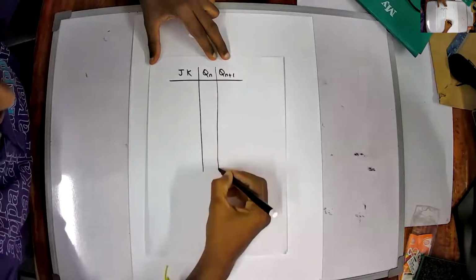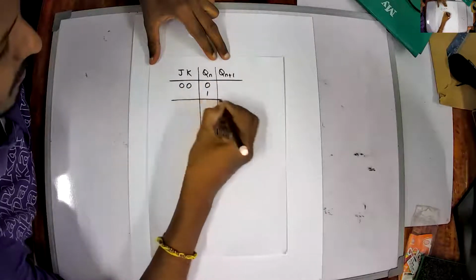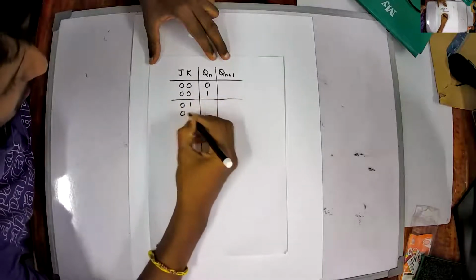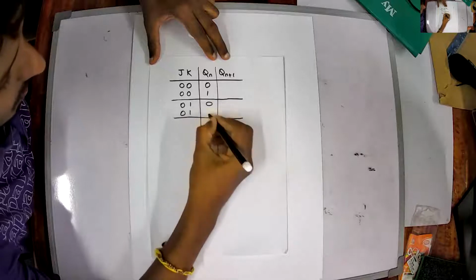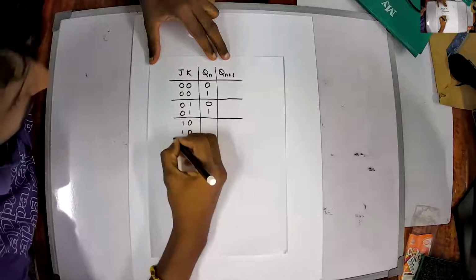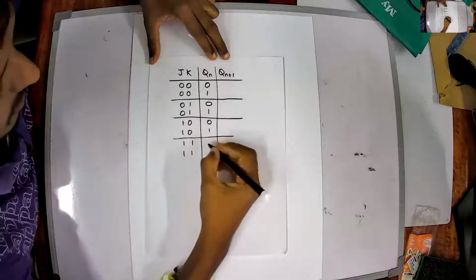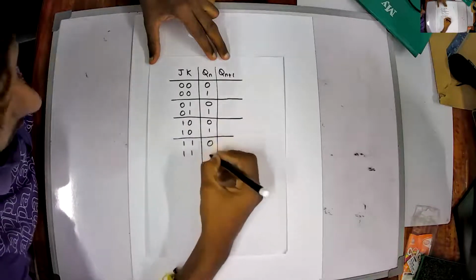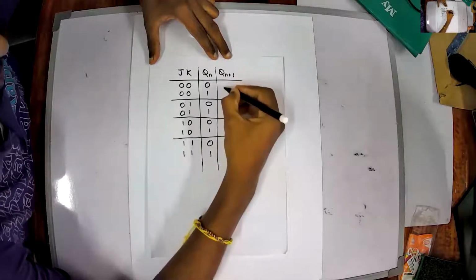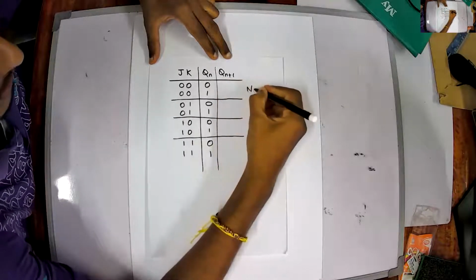So 0, 0, 0 and 0, 0, 1 and 1, then 0, 1, 0 and 0, 1, 1 and 0, then 1, 0, 0 and 1, 0, 1 and 1, then 1, 1, 0 and 1, 1, 1 and 0. As we saw earlier, when J and K are 0, Qn plus 1 will not change, or we can call it no change.